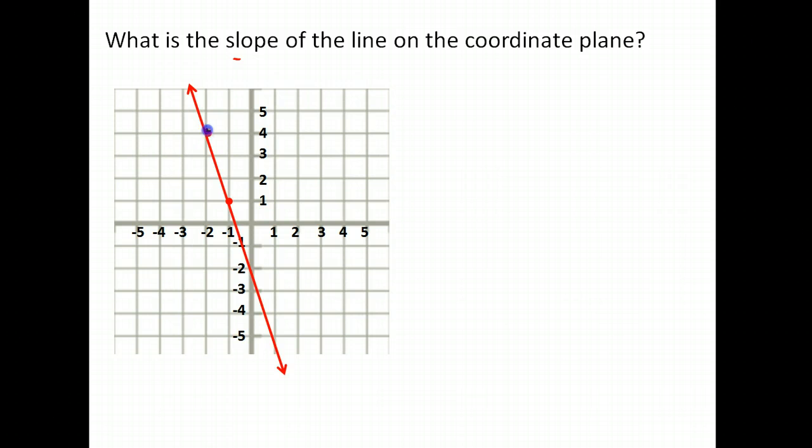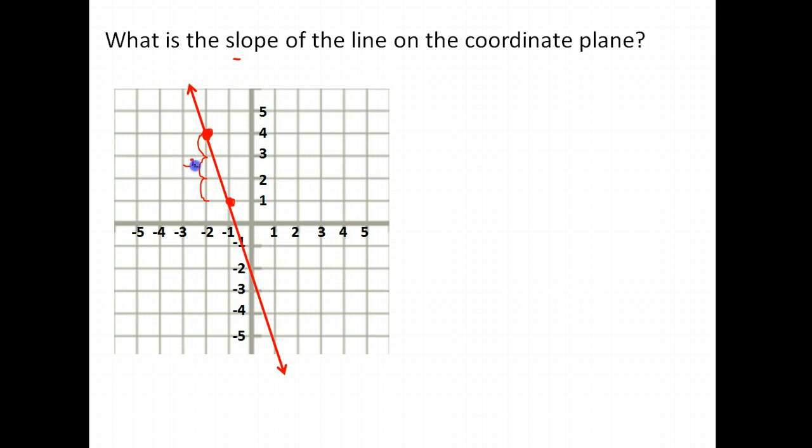Our two options again are to either count. Here's one point they had marked, and here's another point on the line they had marked. Start with the one furthest to the left. So notice this one is to the left of this point. So we're going to start here. Now notice to get to our next point, we have to go down, thus the negative slope. We have to go down how many? 1, 2, 3.